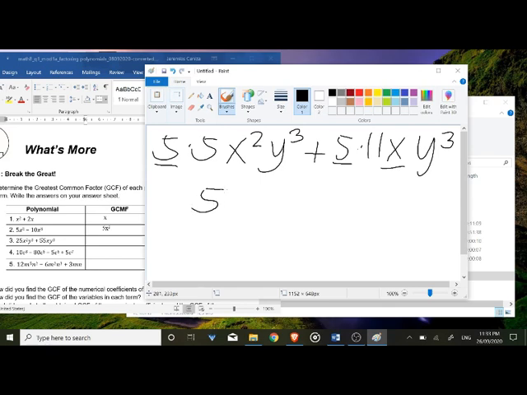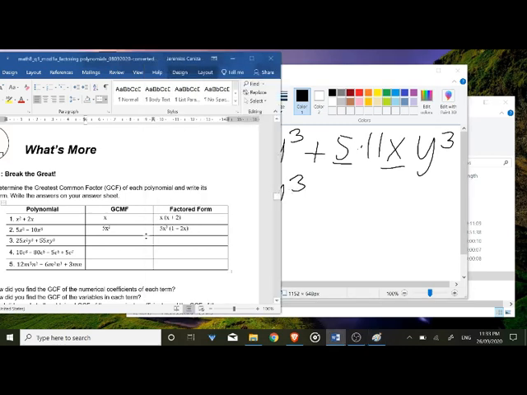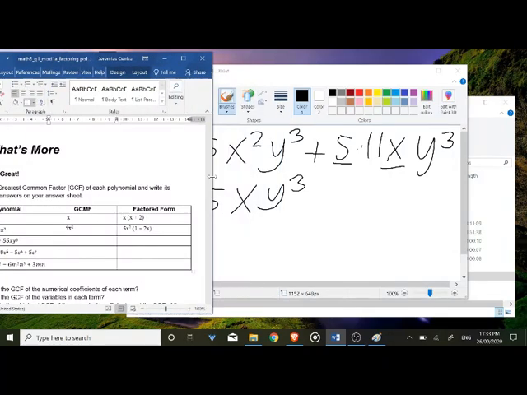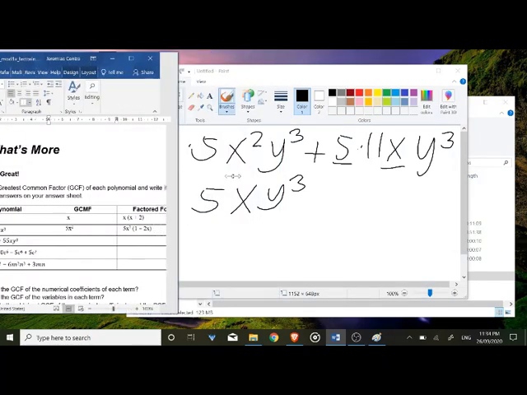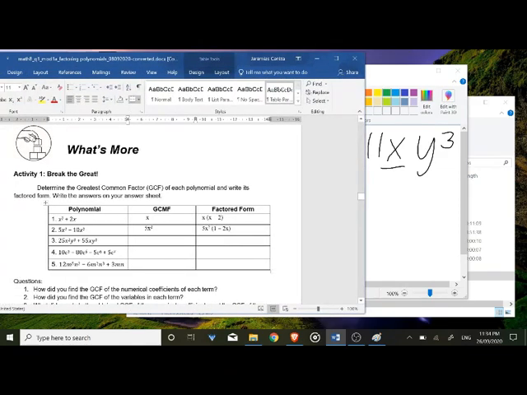Tapos, sa variable na x, ang common ay isang x lang. Dalawa kasi si first term, isa lang kay second term. What about y? May tigta-tatlo silang y. So, sulat natin 5y cubed. So, that is now our first factor or our GCMF, 5x y cubed.